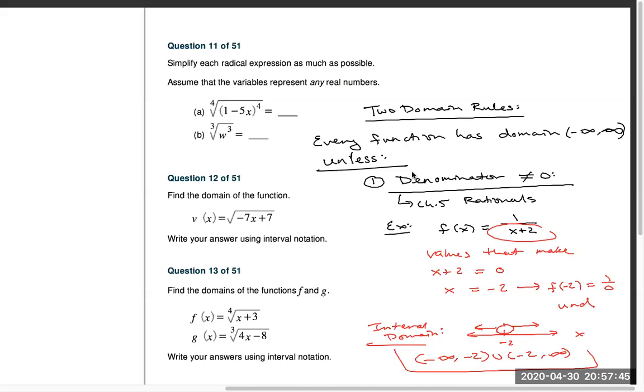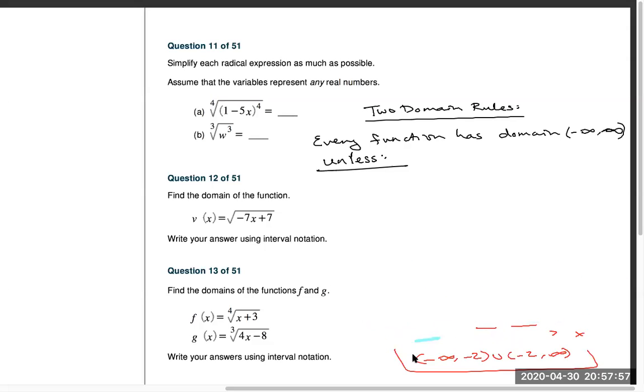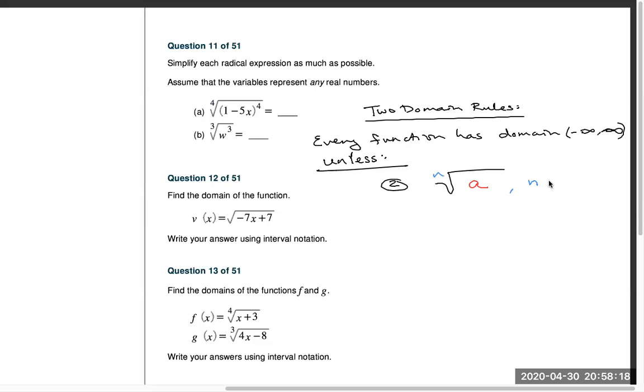And then the second rule is mostly for chapter 6, from what we learned so far. But we have seen it before. So if you have a root, and n is even.